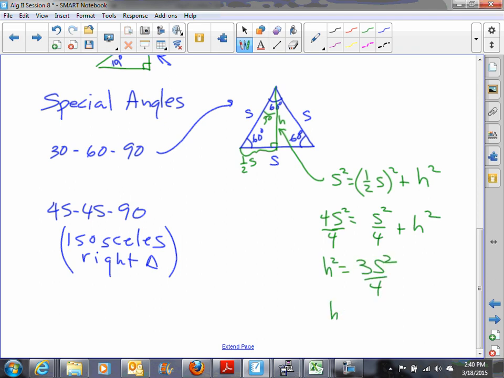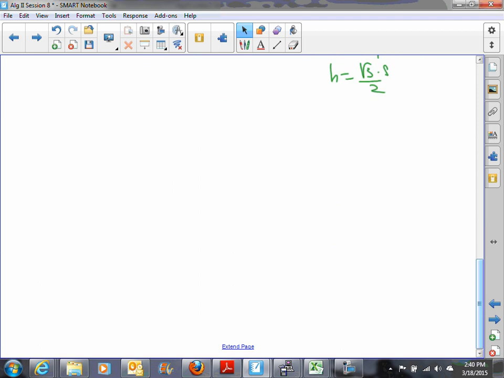And so H is equal to the square root of 3 times the square root of S squared, which is S, over the square root of 4, which is 2. So this height here turns out to be square root 3 over 2 S. Now, what that means is if you have a 30, 60, 90 triangle, and let's draw it this way now.